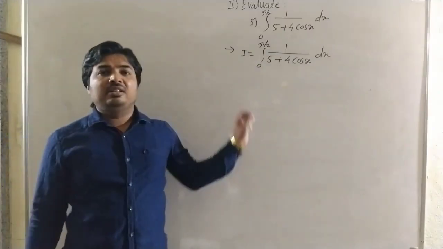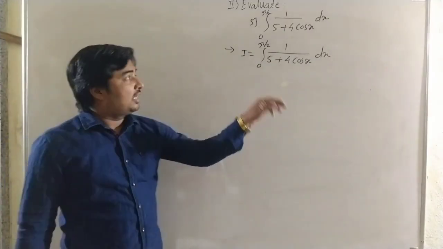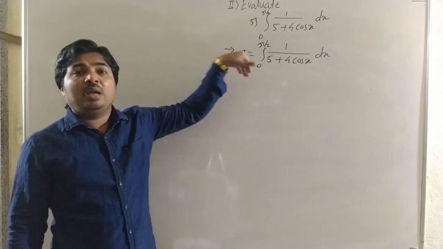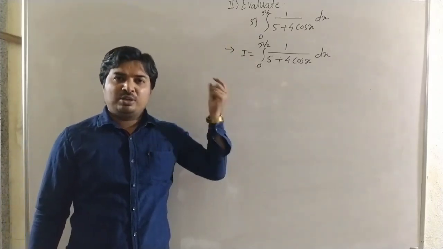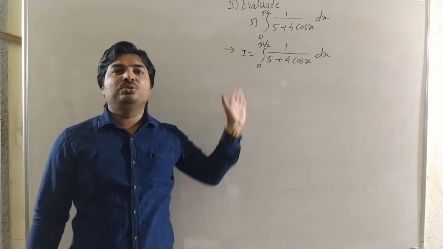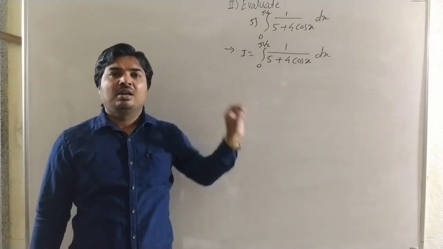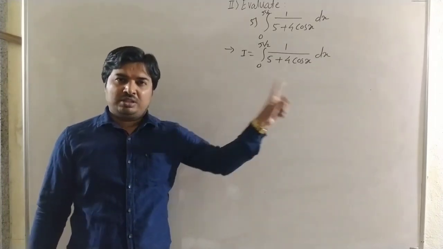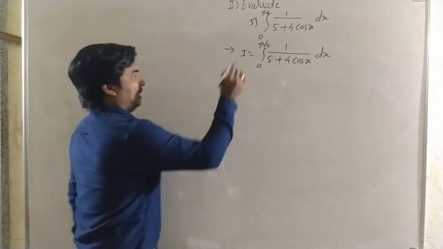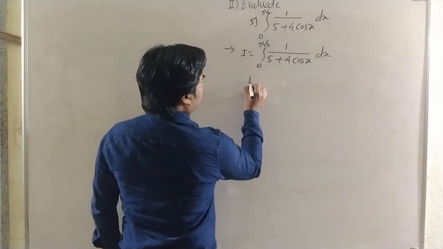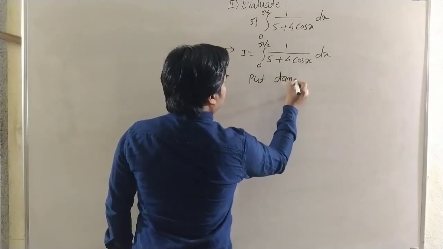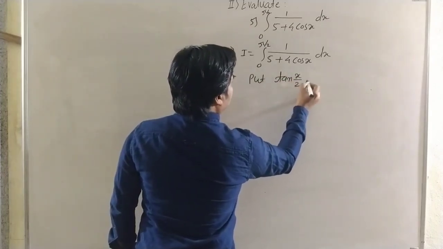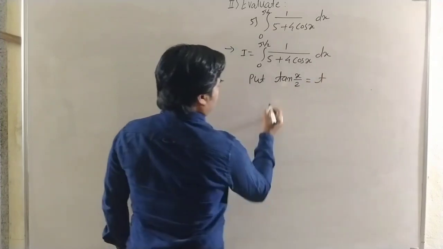This integral is of a type, and the type is 1 upon a plus b cos x, and the solution method is put tan x by 2 is equal to t, dx is equal to 2 dt upon 1 plus t square, and cos x is equal to 1 minus t square upon 1 plus t square. Okay, now here put tan x by 2 is equal to t.